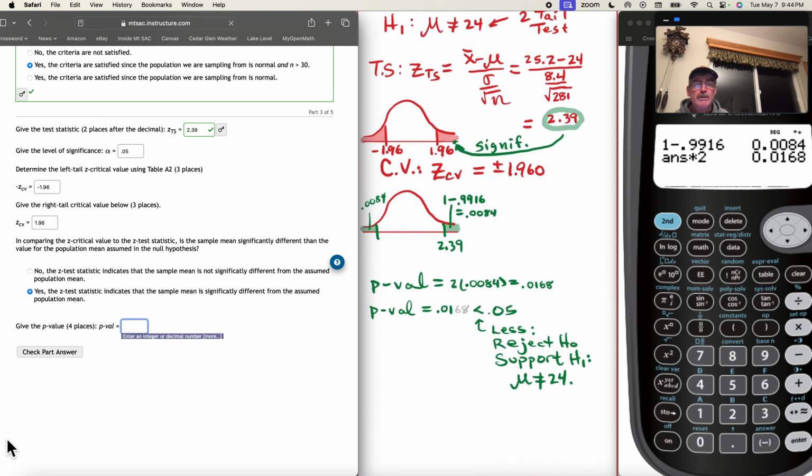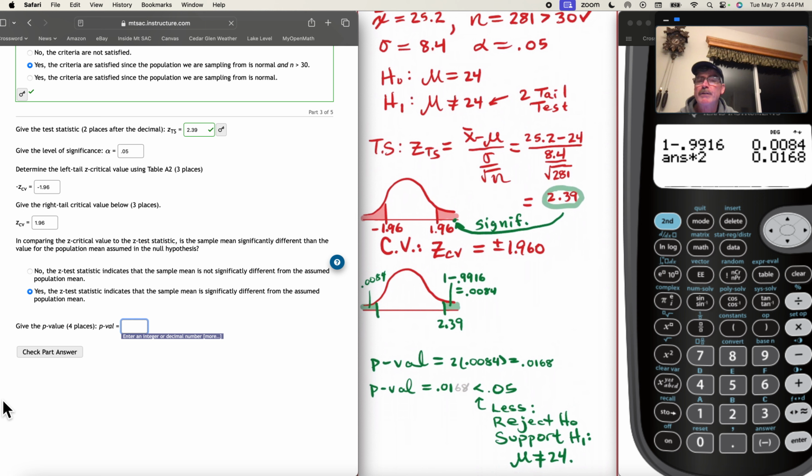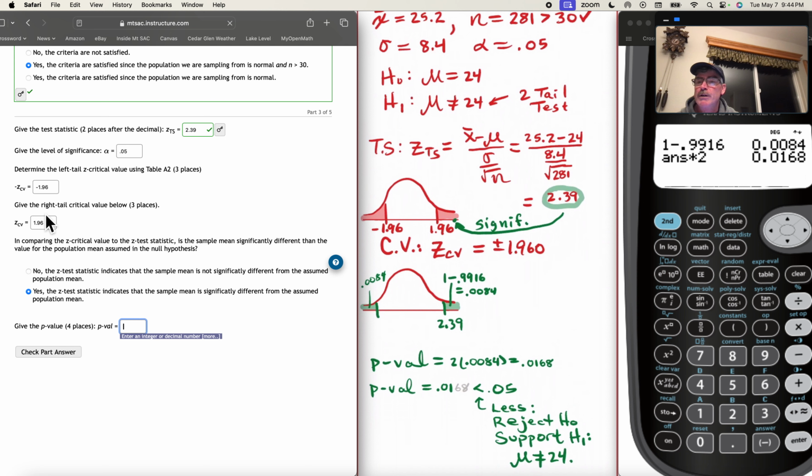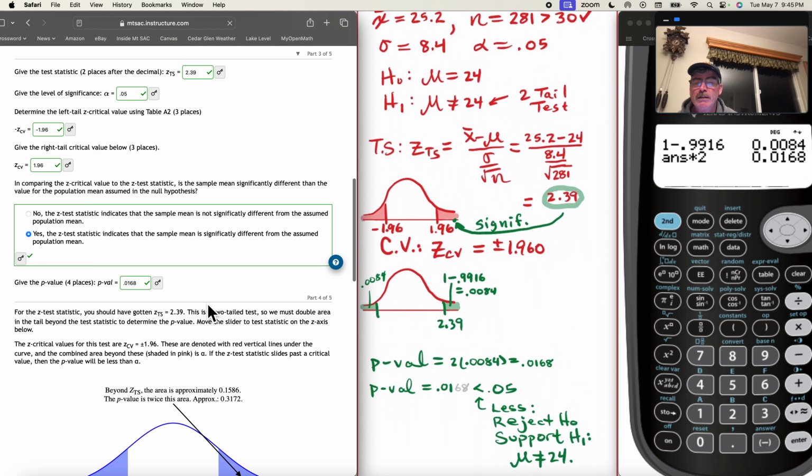Okay, so we'll just kind of wrap this up over here. Okay, so p-value 0.0168. Like that. And that's great.